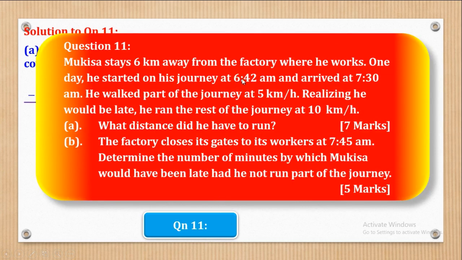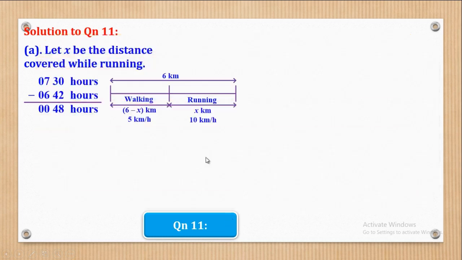We are also told that he started the journey at 6:42 and arrived at 7:30. What does that mean? It means that for the total time taken, first convert to 24-hour clock, so 7:30 a.m. will be 7:30 hours, 6:42 a.m. will be 6:42 hours. When you subtract, I'll come up with 0048 hours. What does that mean?